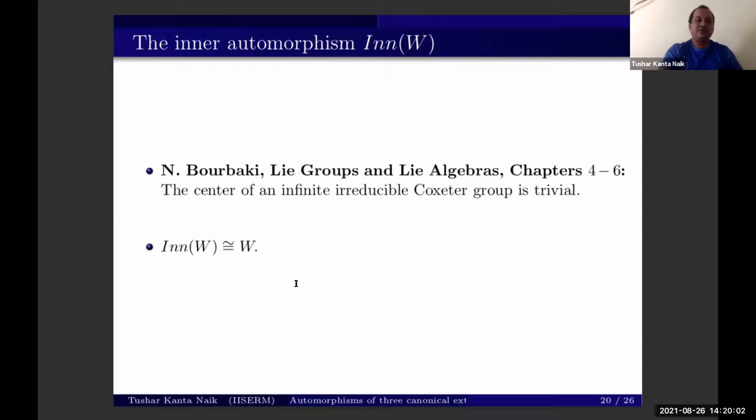Okay, before that, we'll have a quick comment on the inner automorphisms. There is a result in Bourbaki's book that the center of an infinite irreducible Coxeter group is trivial.